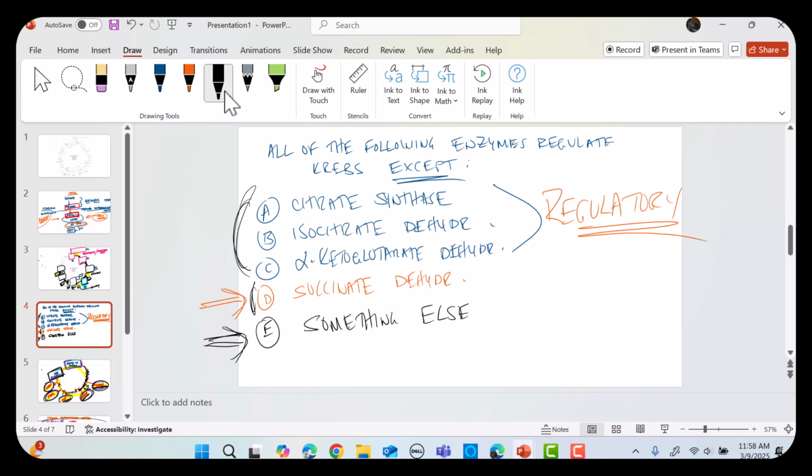Can it do anything to regulate the Krebs cycle? Yes. So then you have to pick whatever else you're given because those are the only things that have any regulatory effect on the Krebs cycle. So sometimes I'll say regulatory effect with the succinate dehydrogenase. So anyway, like I said, I'm not going to do it to you, but I just want you able to handle it in case you do see it.